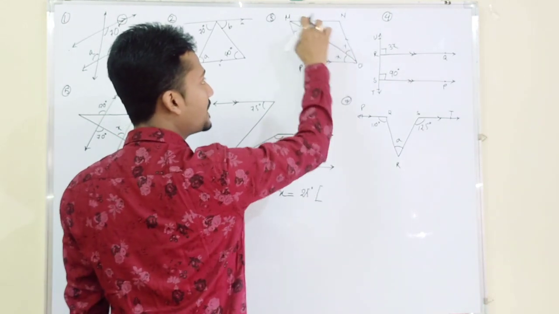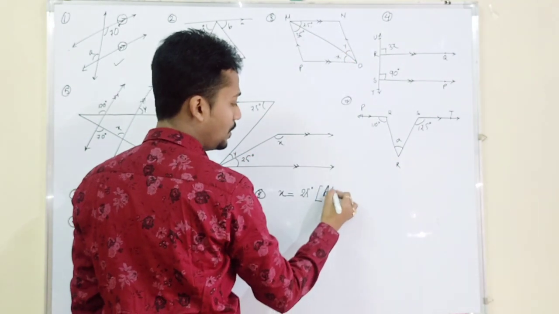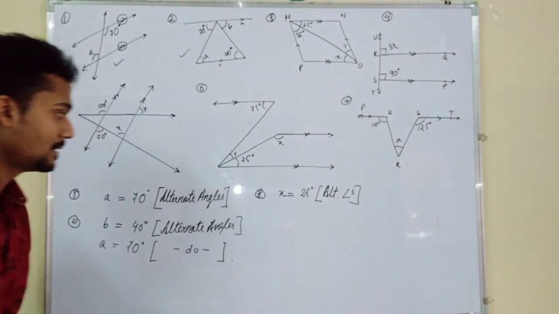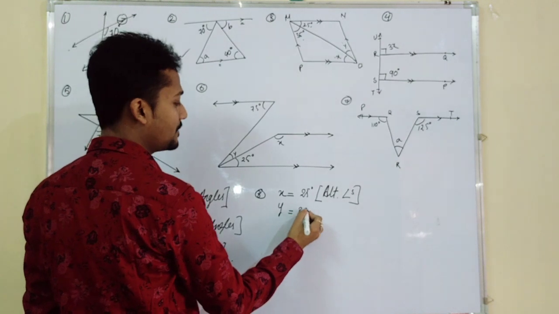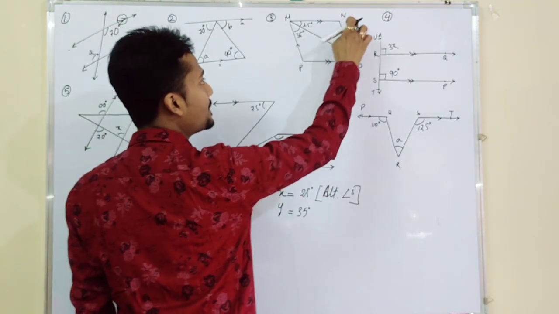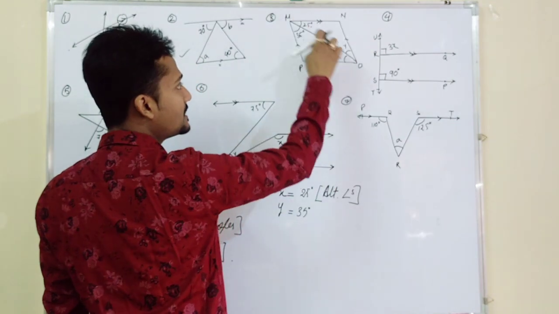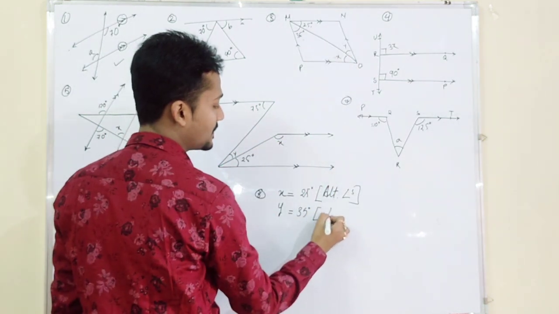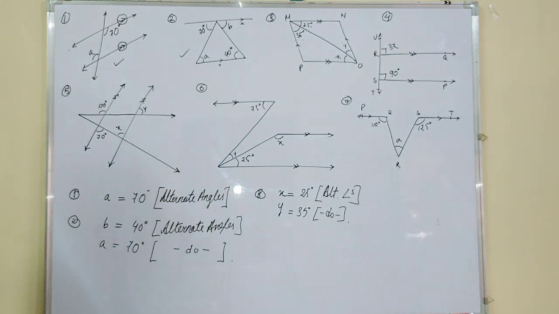Parallel lines cut by a transversal, alternate angles are equal. Then y will be equal to 35 degree. Here also these are alternate angles because this is parallel to this, arrow mark is given. This is parallel to this and this is the transversal, so alternate angles are equal. Ditto, both the reasons are the same.